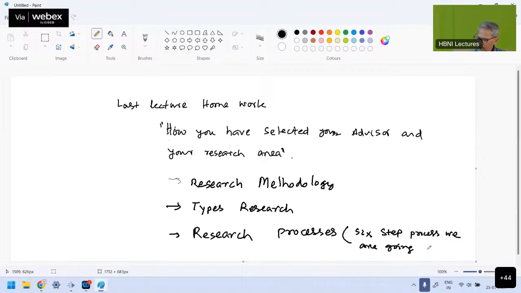When anybody wants to do research, under this research methodology, they have to go through all these six steps, and soon we will come to that. And maybe in our research methodology course, we'll be talking about each of these steps. So I can erase the whole page.